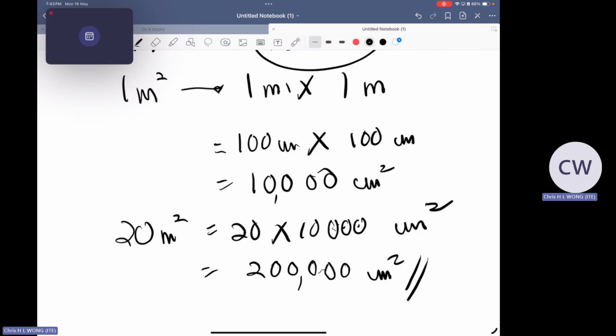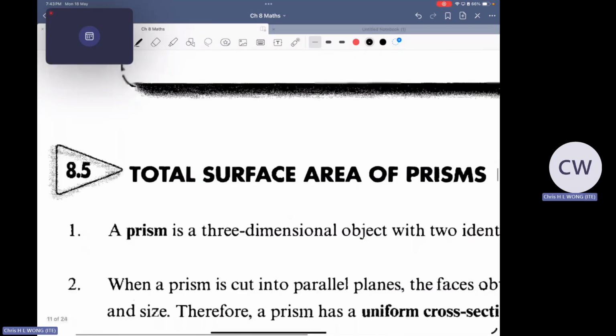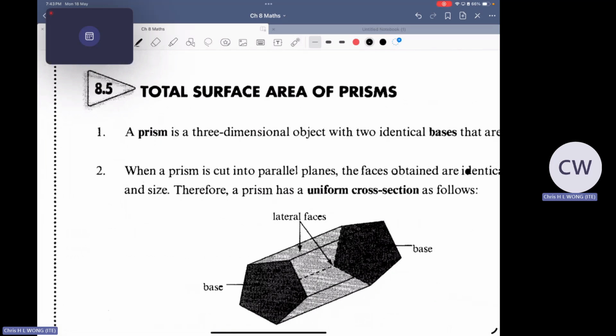Oh, good. Next one. Okay, let's see what it is. The next one, for now, total surface area of the prism. Now we have been talking about area of a flat surface, two-dimensional.